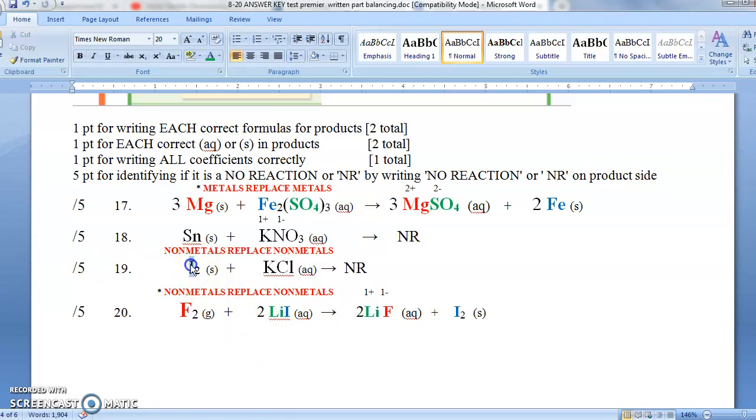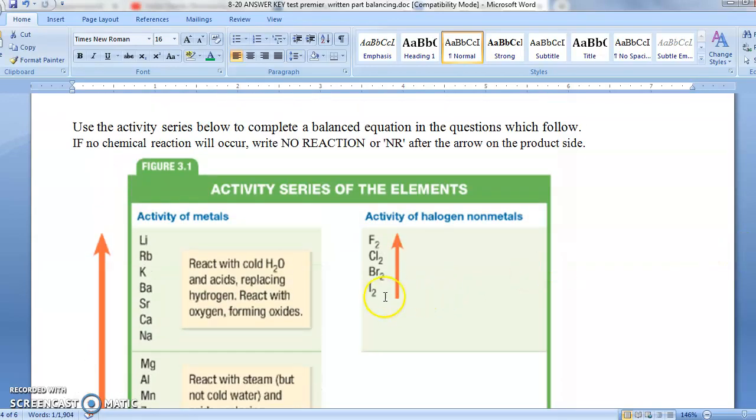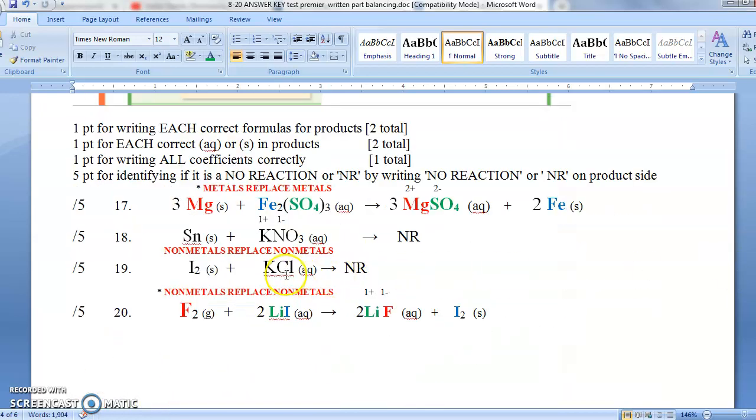So here they're dropping iodine into a solution of potassium chloride. We come on up to our activity list. Iodine's the least active, chlorine's second most active. Iodine, the less active halogen, cannot replace chloride in solution. That's a no reaction. In our next one, we have fluorine.